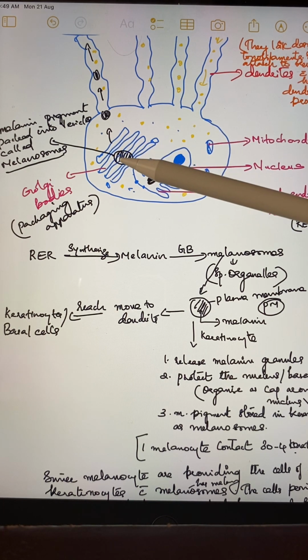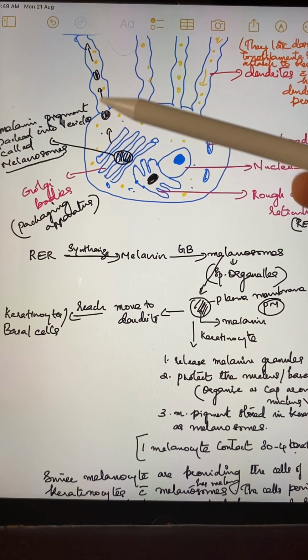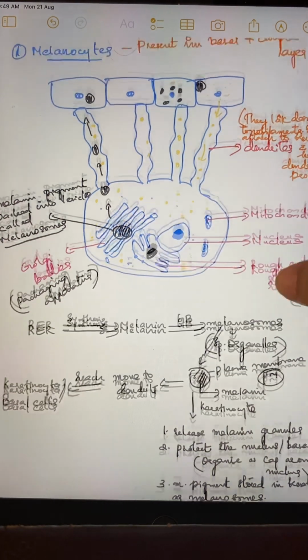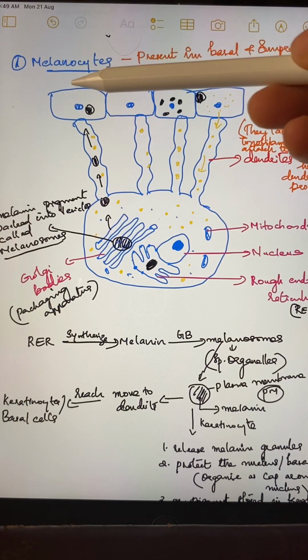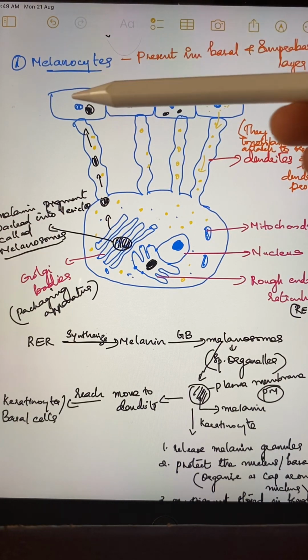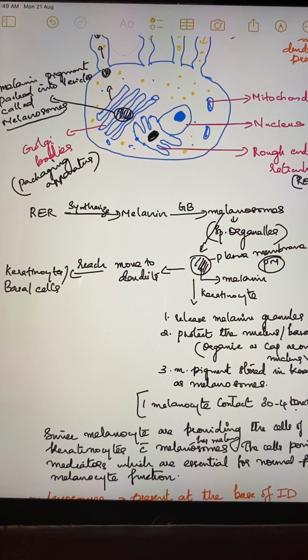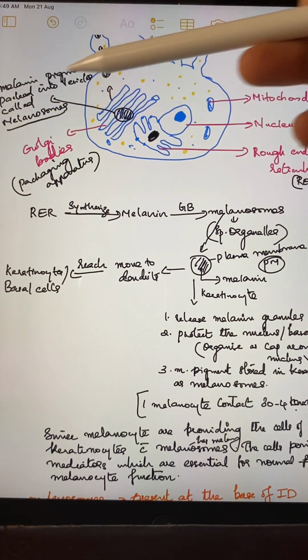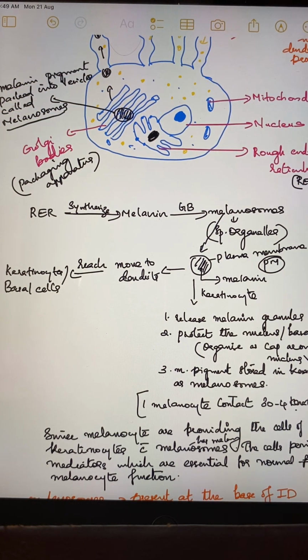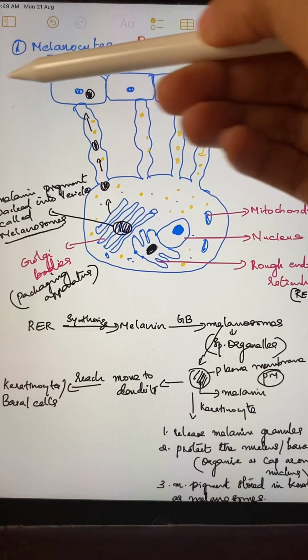So these melanosomes move to the dendrites and then reach the basal cells, where they release the melanin granules and protect the nucleus of basal cells. Melanin pigment is stored in melanocytes as melanosomes. One melanocyte contacts 30 to 40 keratinocytes.